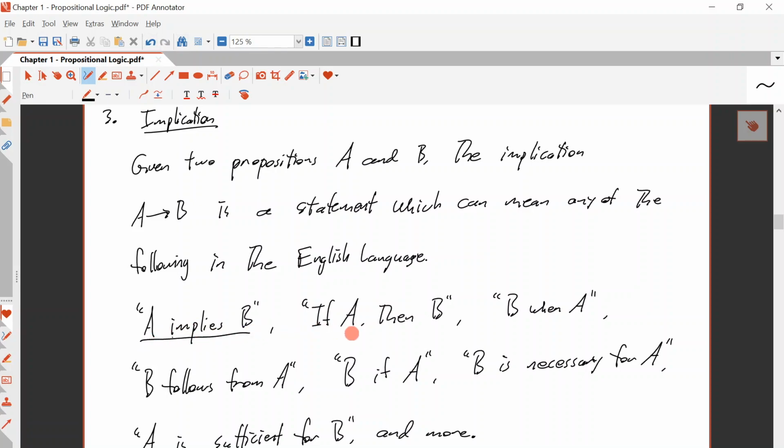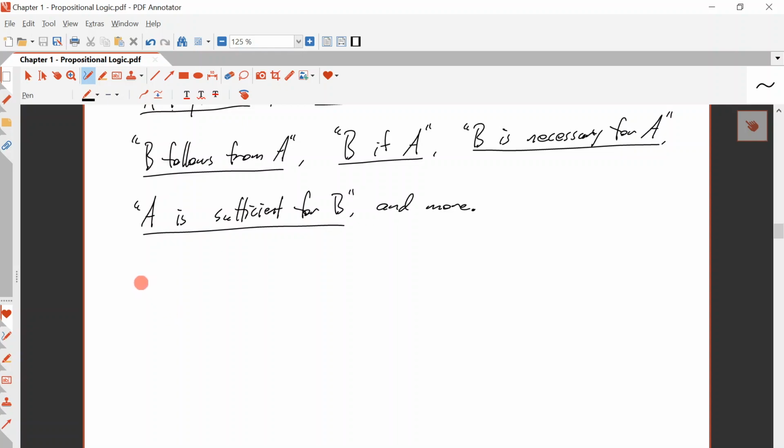Okay, so you have A implies B, if A then B, B when A, B follows from A, B if A, B is necessary for A, A is sufficient for B, and more. The truth value for A implies B is as follows. Oh, so let me say it right now. Essentially, A implies B describes a containment relation.